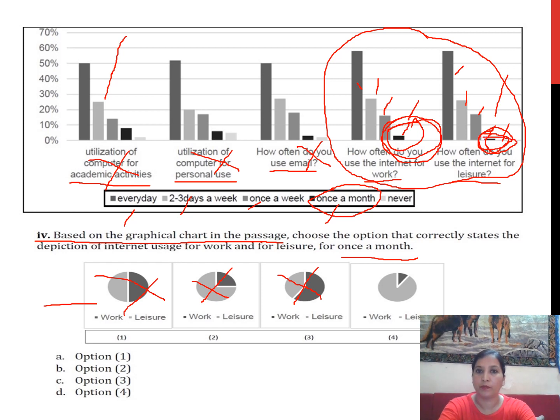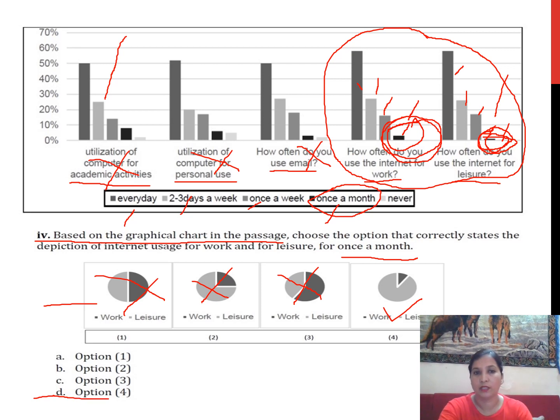So the fourth one seems to be correct one. This one seems to be correct one, because here what is being shown, that this chart tells us that the number of people who use it for work purpose once a month is more than those who use it for leisure purpose once a month. So the option or the answer will be the D one.